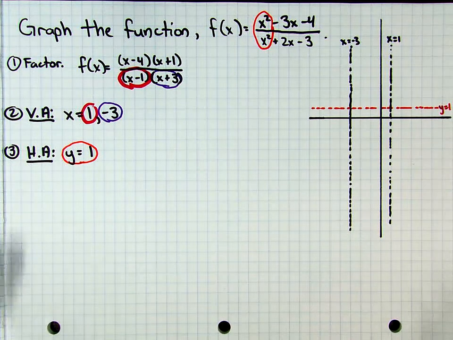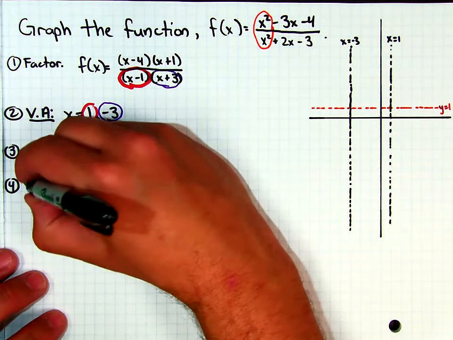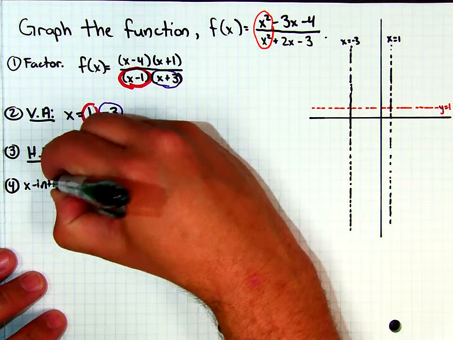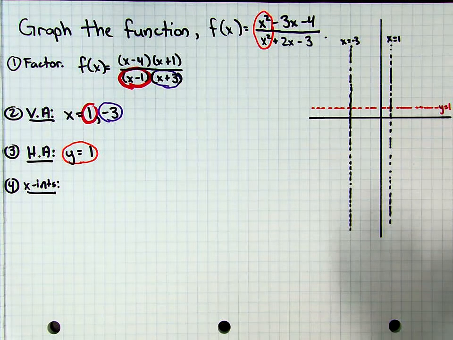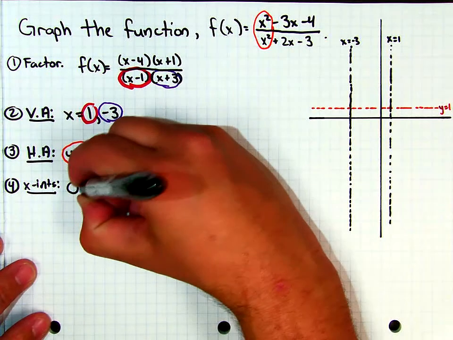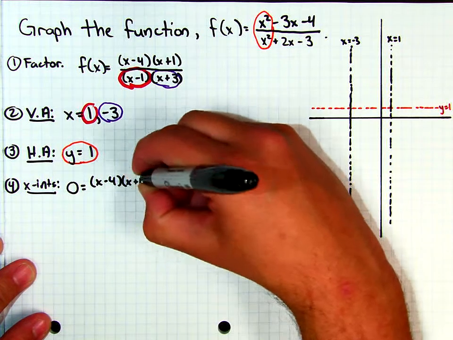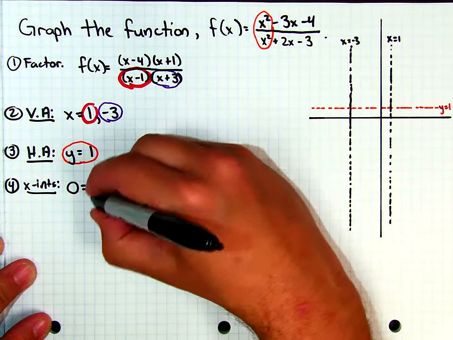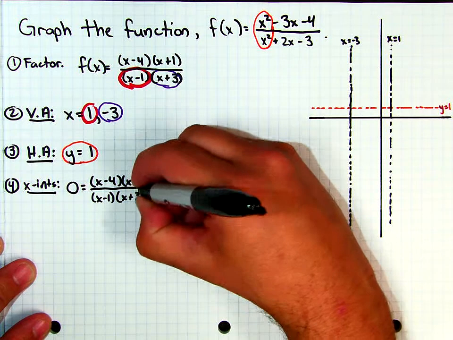Next, step 4, I'm going to look at the x-intercepts. How I find the x-intercepts is I look at the factored form, which is easier, and I let y equal 0. So I have 0 equals x minus 4, x plus 1, all over x minus 1, x plus 3.